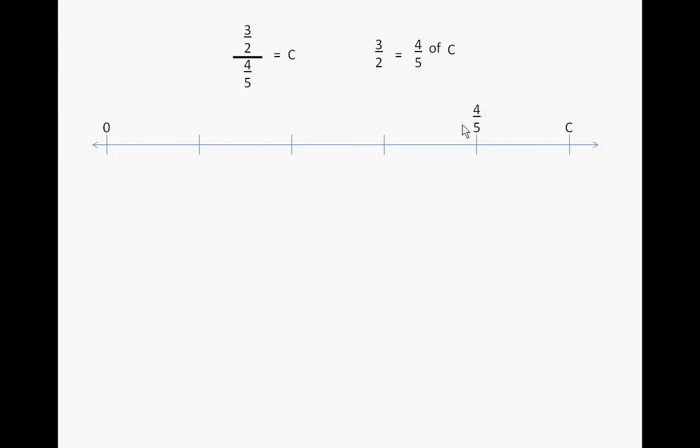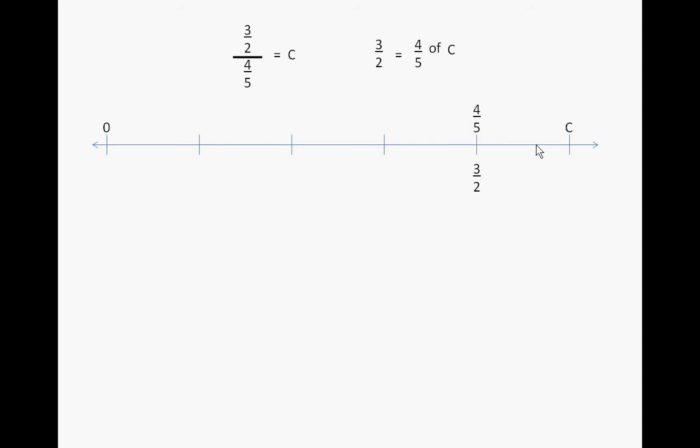It is part of c. So we have 1, 2, 3, 4, and obviously c would be 5/5. Well, the thing is, 4/5 of c, which is right here, is equal to 3/2. So we're going to put 3/2 underneath this to show that these two are equivalent.